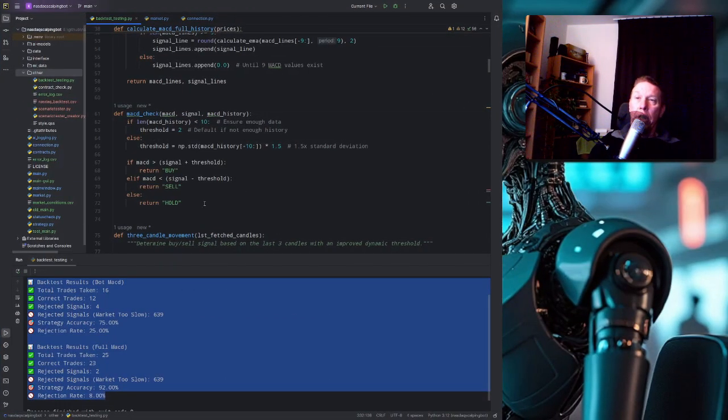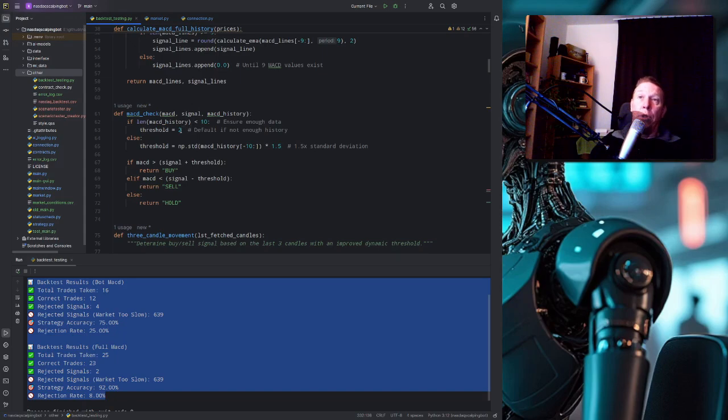This is a change in the MACD check. We also use the MACD as part of our strategy with a fixed number, usually +2, and I now added a variable threshold. We talked to ChatGPT, of course.